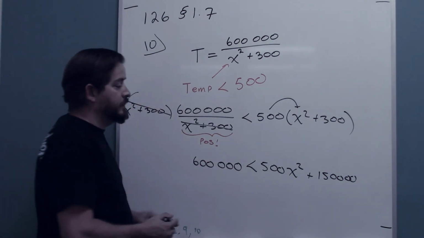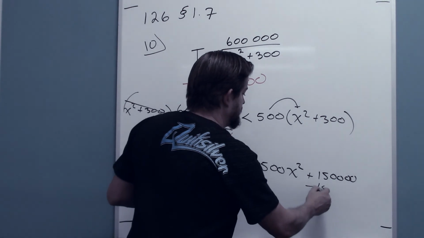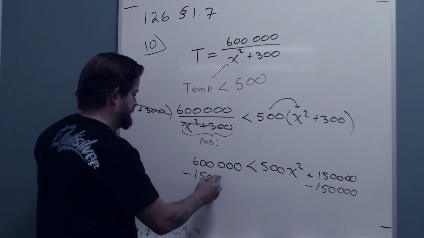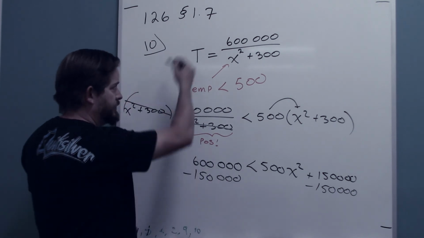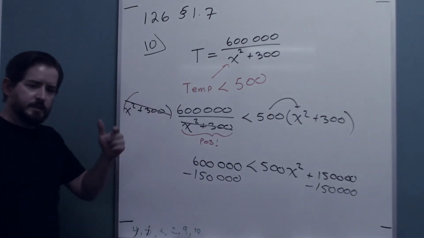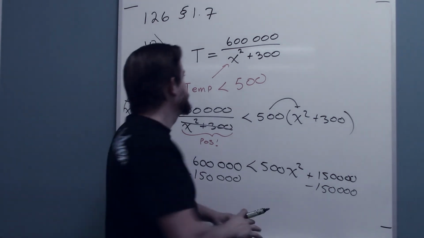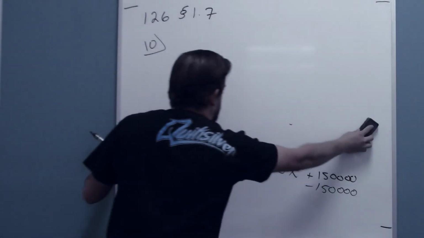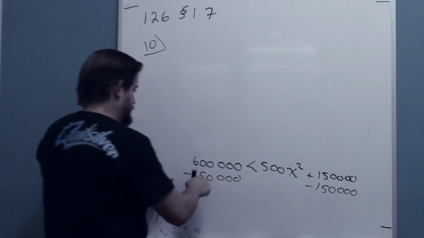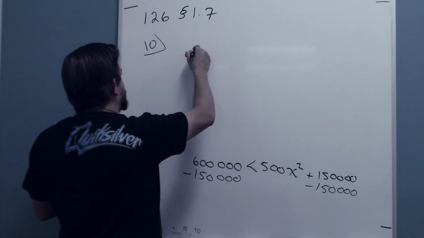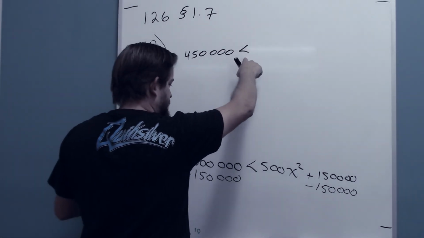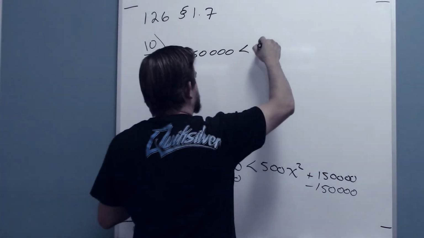So I can subtract 150,000 from both sides. I'm going to carry this up, so if you need to write, pause it, because here it goes. So this gives me 450,000 on the left is less than 500x squared.